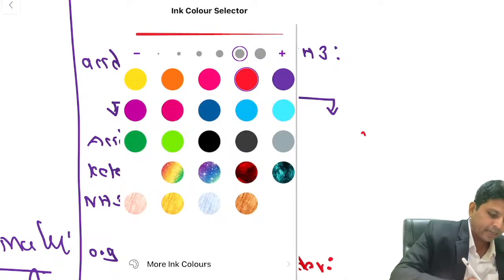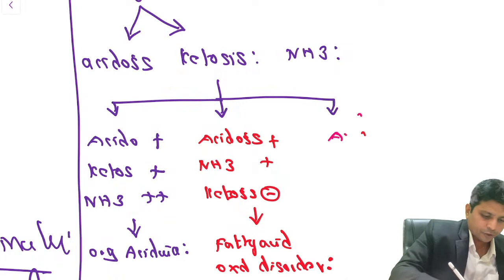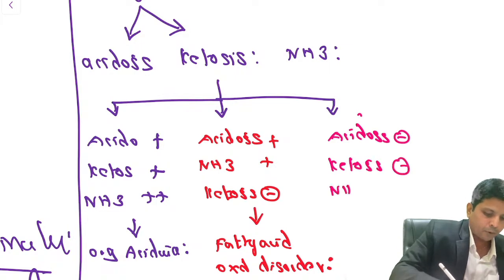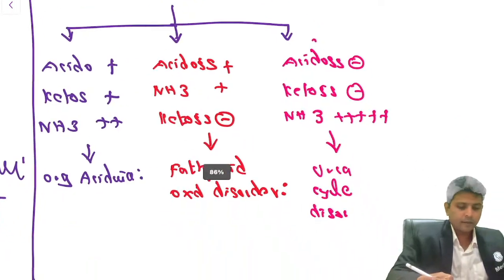And finally, acidosis is absent, ketosis is absent, but ammonia is sky high, then it is urea cycle disorder.